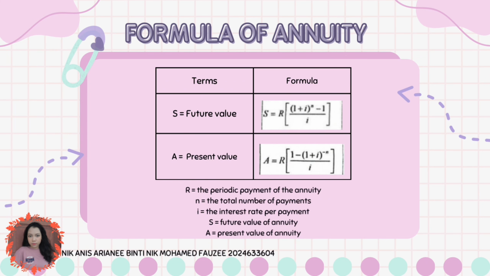There's a formula of annuity. An annuity refers to a series of equal payments made at regular intervals over a specific period. This concept is widely used in financial mathematics for loans, investment, and saving plans.